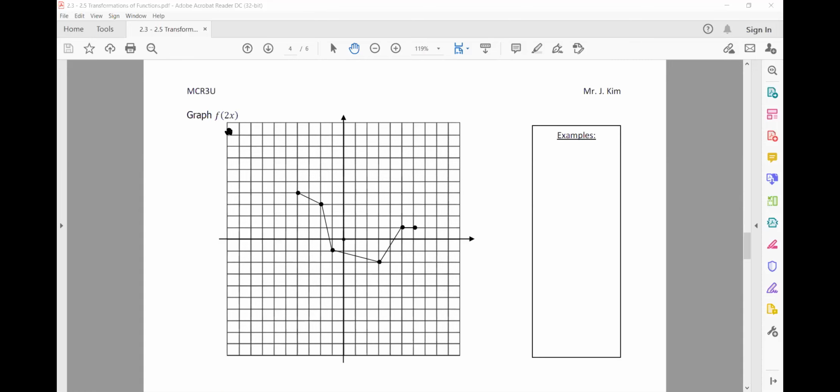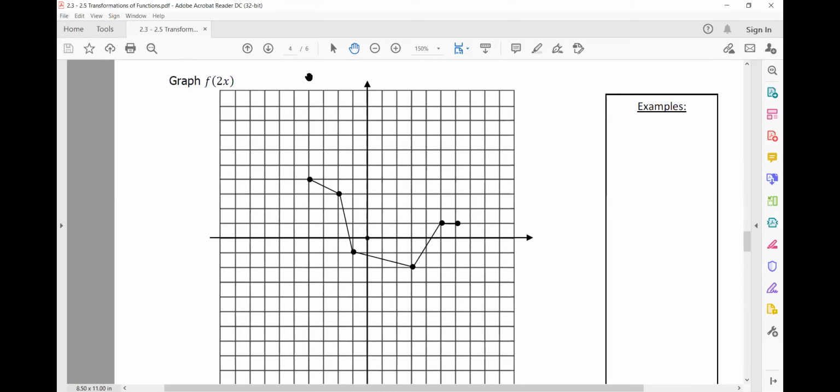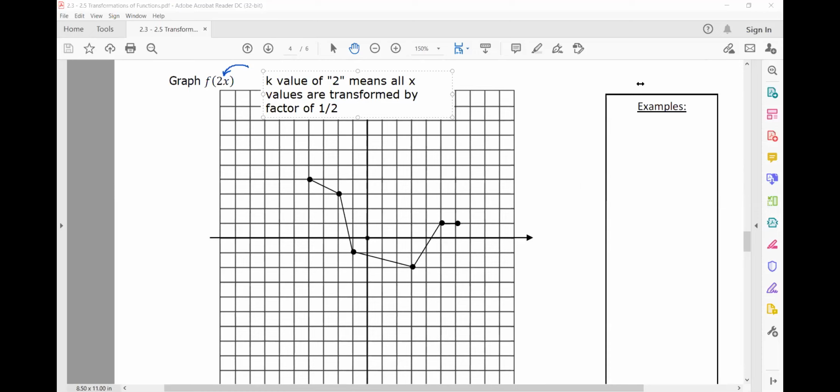All right, here it is. F of 2x. You ready? So let me write a little blurb right here. Okay, so the k value of 2 means all x values are transformed by a factor of 1 over k, so 1 over 2.